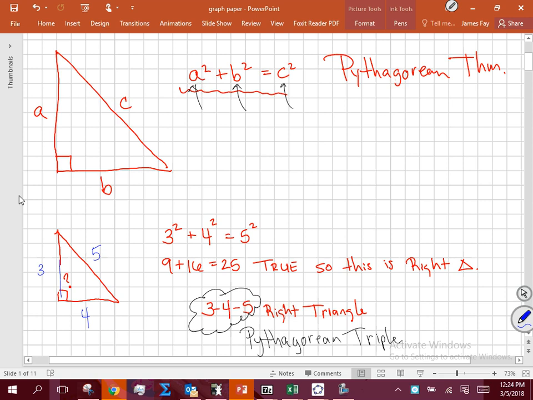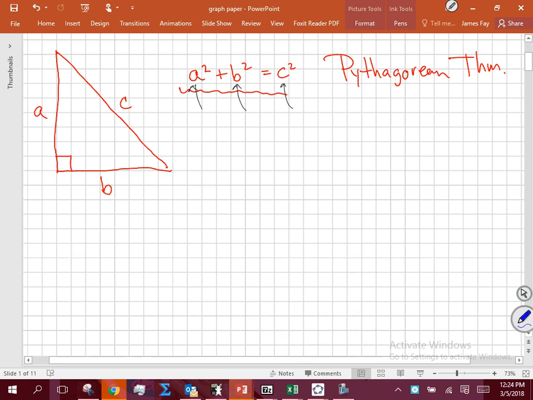Just do a quick couple examples here. If we have this side length to be 6, this side length to be 3, can we find C? Okay, what would 6 squared be?